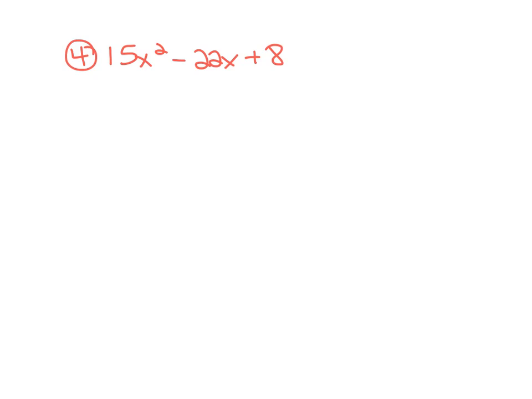The 8. So for the 8, your choices are 1 times 8, 2 times 4. Not too bad. For the 15, your choices are 1 times 15, 3 times 5. All right, so what I want you to do is hit pause and keep track of how many tries it took you to get the right answer.